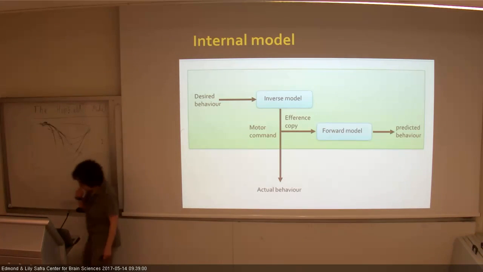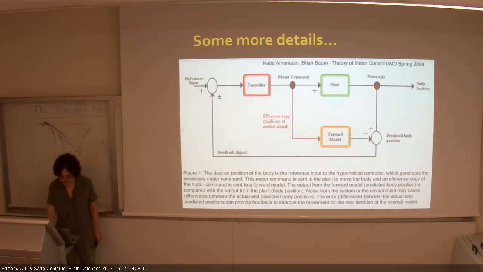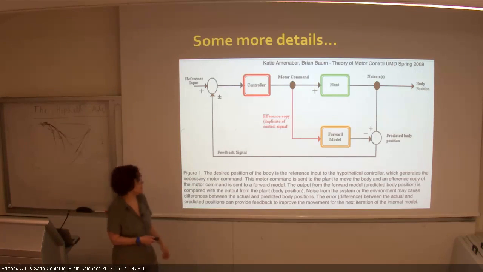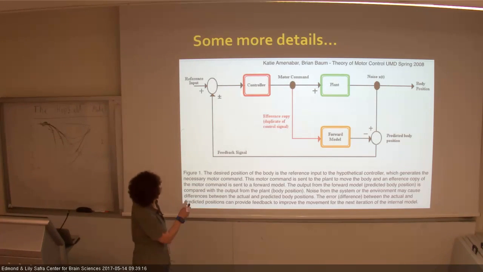So actually, I found that of all places, Wikipedia, there is a very good, more formal representation of how the system is actually used. So we have the inverse model. Okay, we have a reference input, which is the goal that we want to make.